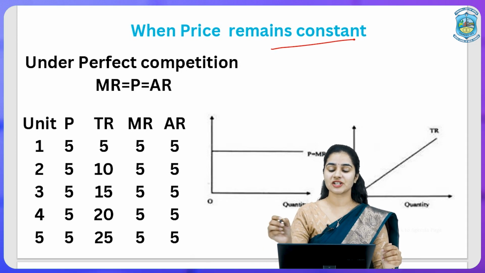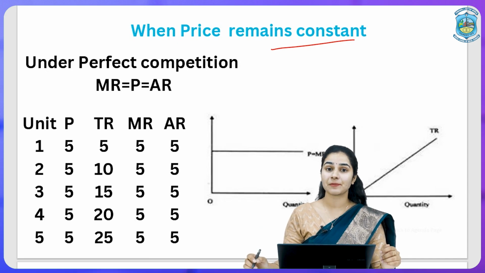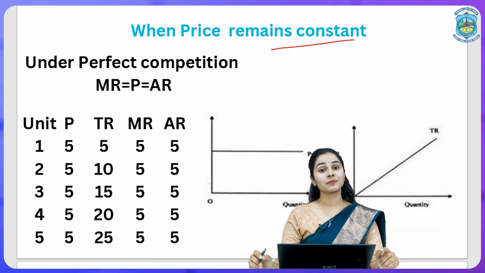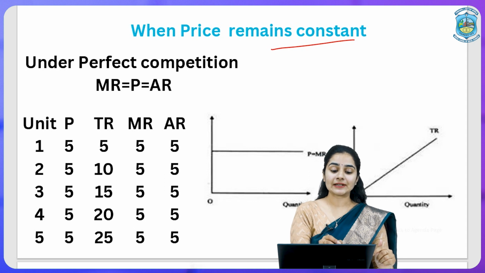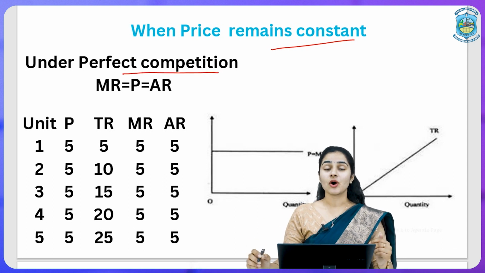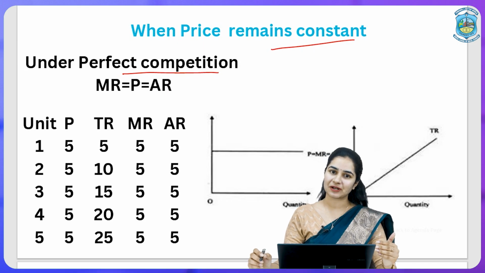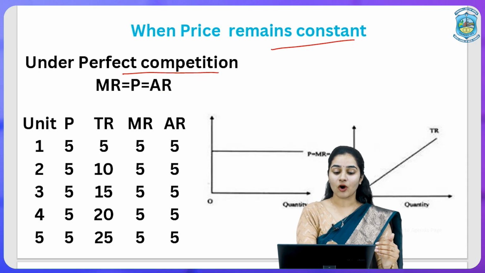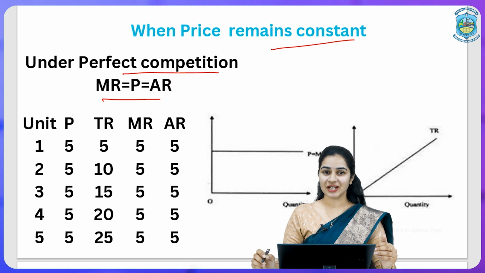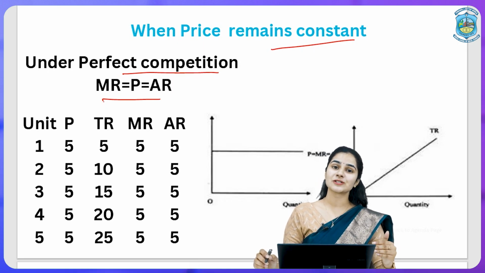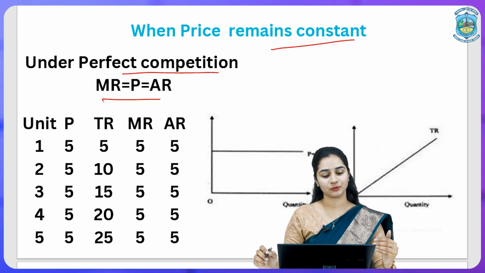The first condition is when the price remains constant. Now the price remains constant under perfect competition. Under perfect competition, there is a uniform price prevailing in the market. Also under perfect competition, the marginal revenue is equal to the price and it is also equal to the average revenue.